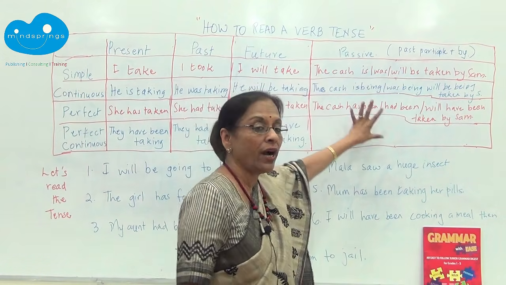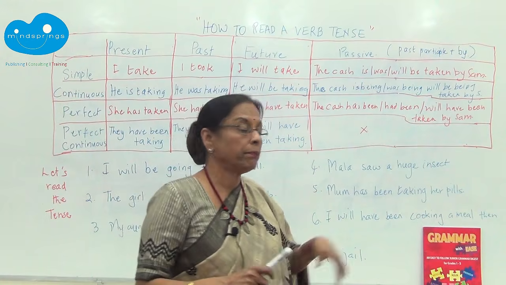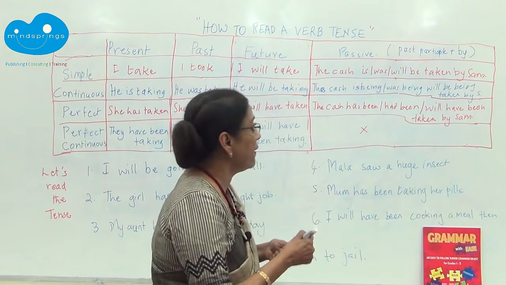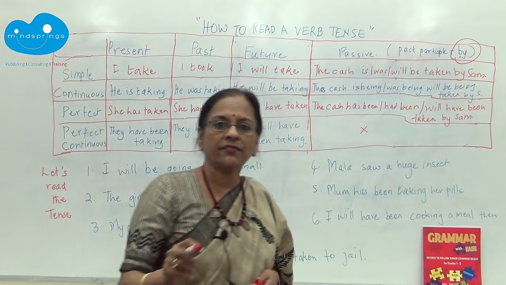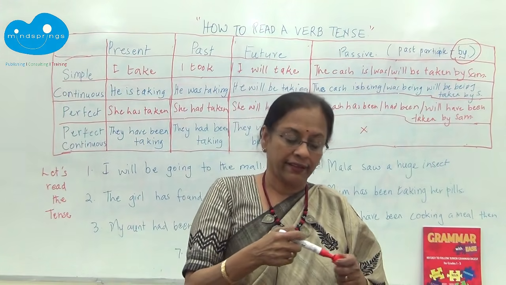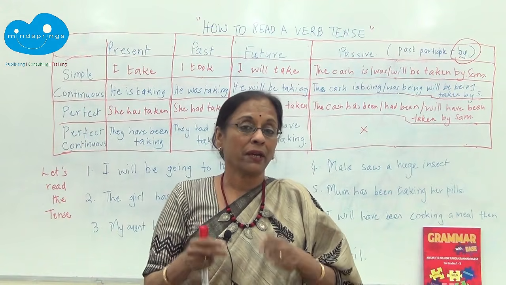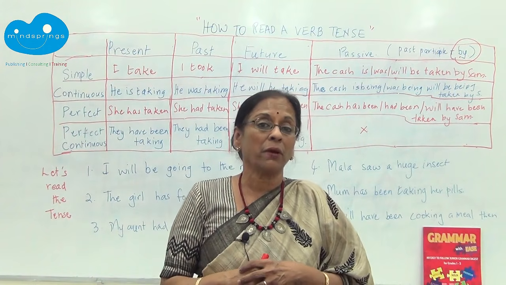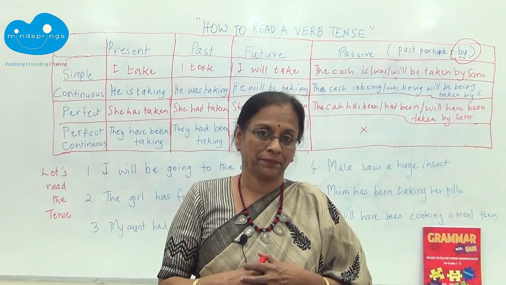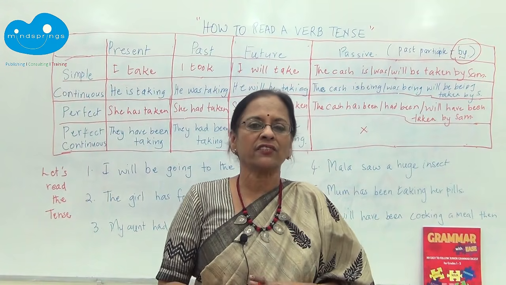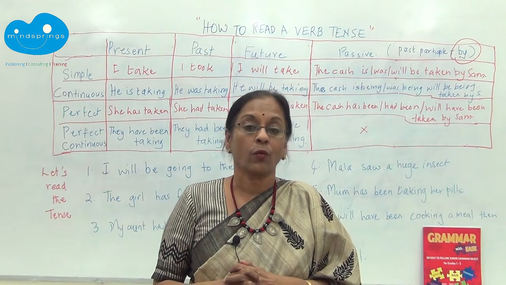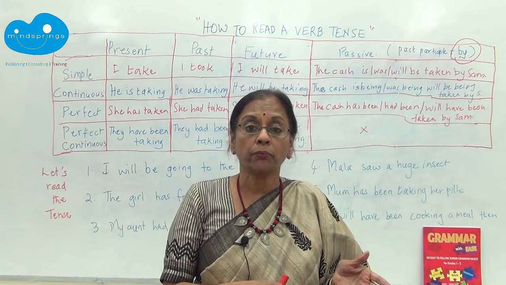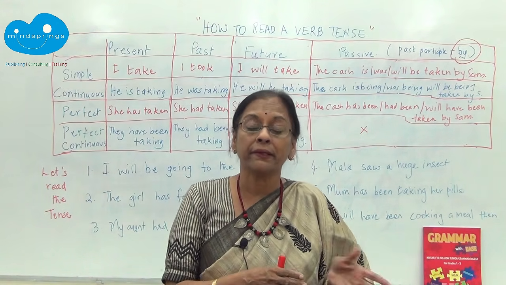Great. So if you understand this, also remember there is this by. A passive sentence will always have by. Why? Because the doer is sitting after the by, the cat. But very often in a passive sentence, you will just say the rat was killed, full stop. Why is that? Because the most important thing is what happened.